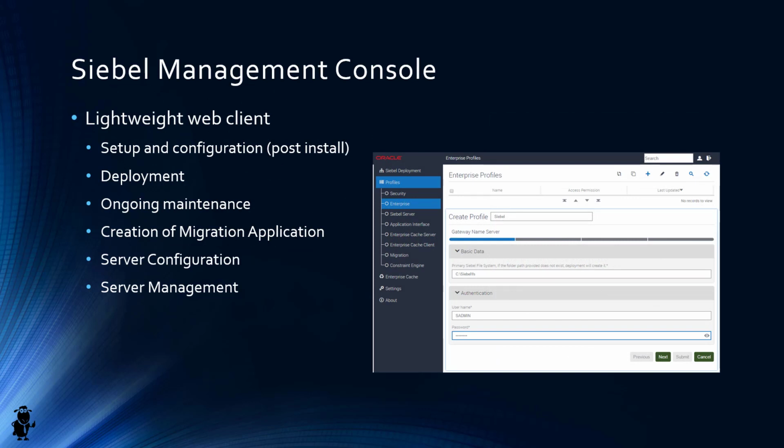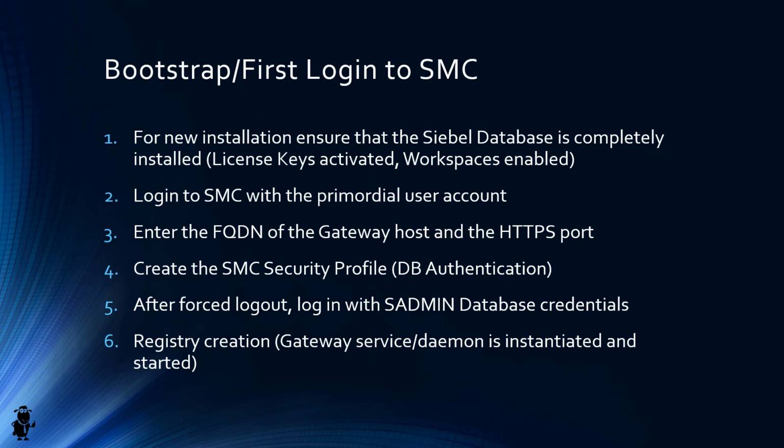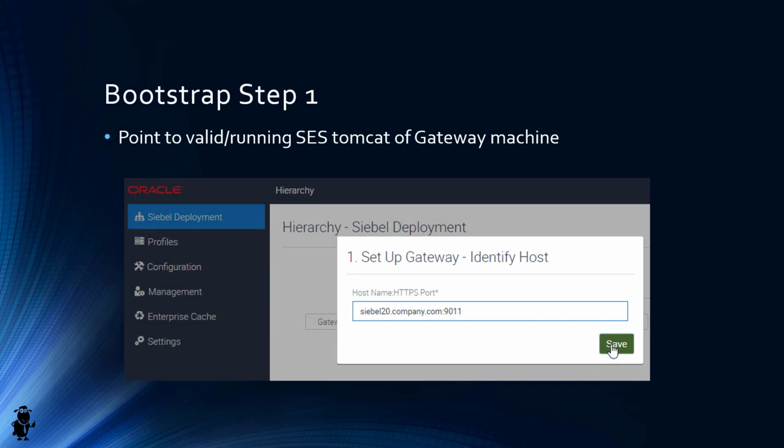So we will see in the demonstration videos how to use that console, and the very first login to that console is actually also known as the Bootstrap process. So during installation, you specify that primordial user account, you log in, and the SMC goes into Bootstrap mode, a three-step process, which first asks you for identifying the host name and Tomcat port number where the gateway will be situated.